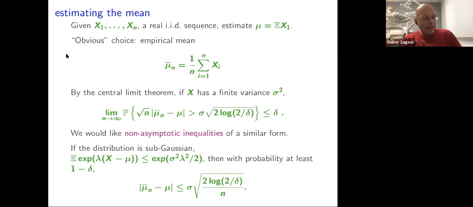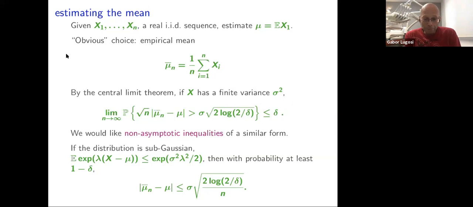Well, if we assume, and I will assume this throughout the talk, and I will explain a little bit more why, that the X's have a finite variance, then the mean squared error of the empirical mean is sigma squared divided by n, and you cannot do anything better, even if the data are Gaussian.